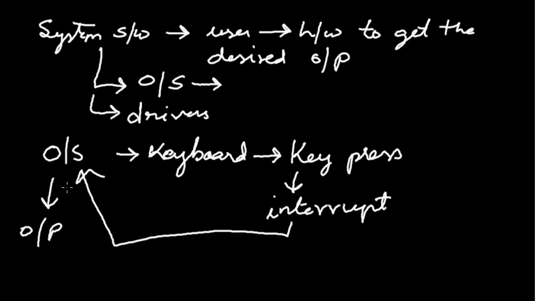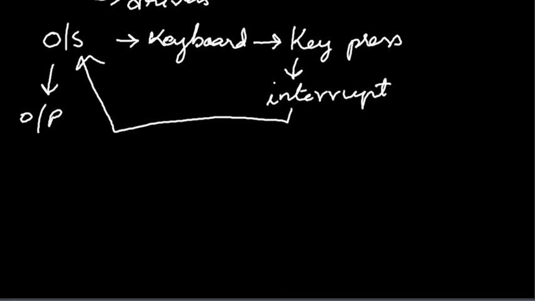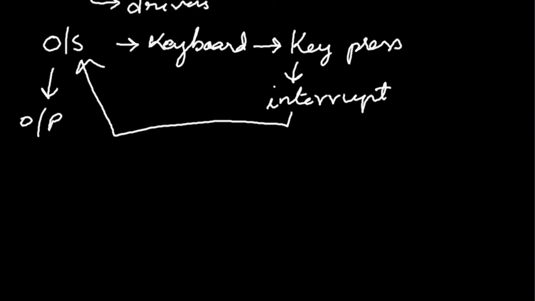So how do I write this operating system? For that, I have to write that operating system in a language which the computer understands. So let's see what the language the computer understands is called. That is called machine code.